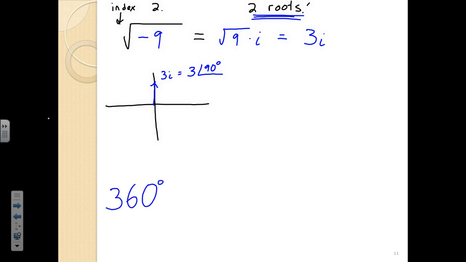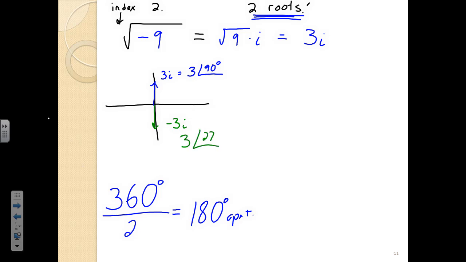So 360 degrees divided by our two roots means that they are 180 degrees apart. So where's the other one? The other one must be down here at -3i, or in other words, 3 at 270 degrees. And so the square root of -9 is 3i or -3i.